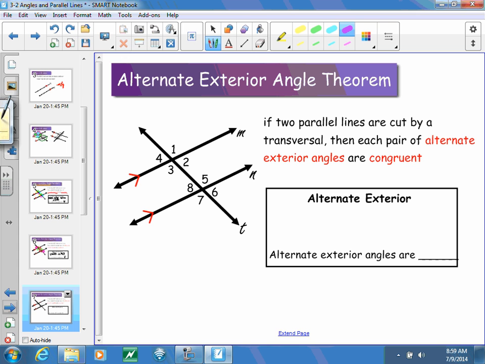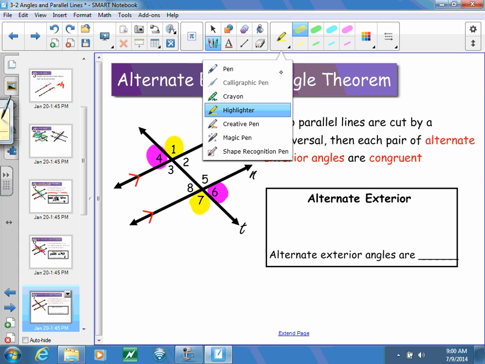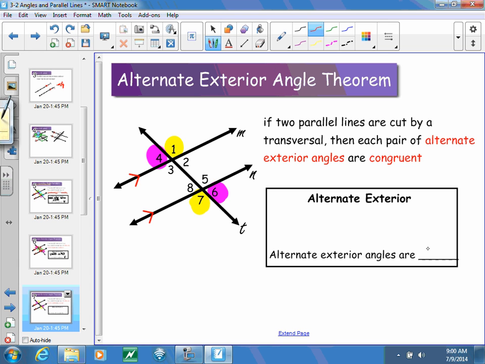The alternate exterior angle theorem says that if two parallel lines are cut by a transversal, then each pair of alternate exterior angles are congruent. So 4 and 6 have to be congruent, and 1 and 7 have to be congruent as well. Alternate exterior angles are congruent to each other. Angle 1 is congruent to angle 7, and angle 4 is congruent to angle 6.